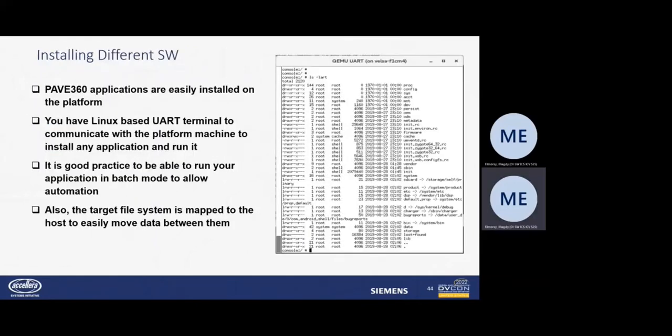Also, installing any software is very convenient. We have a UART terminal to the target system, and as I said, we mount the target drive or storage to the host drive. Then you can move files and packages into your target, and you can install them very conveniently and easily.